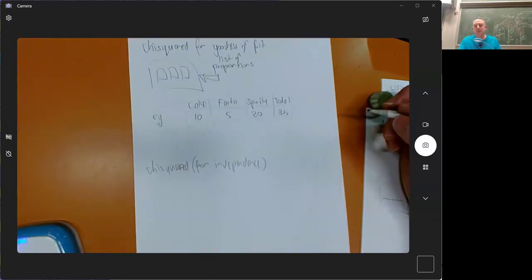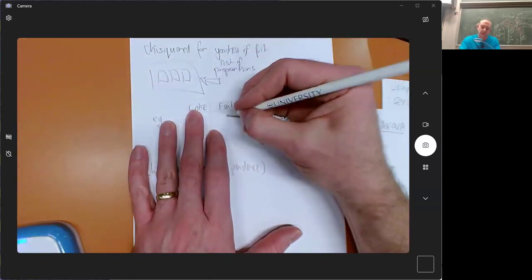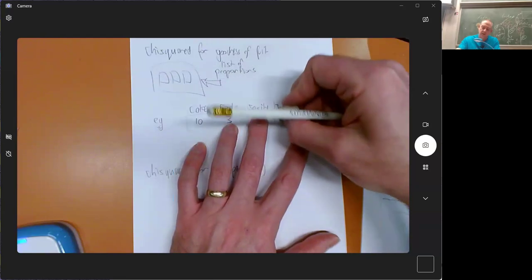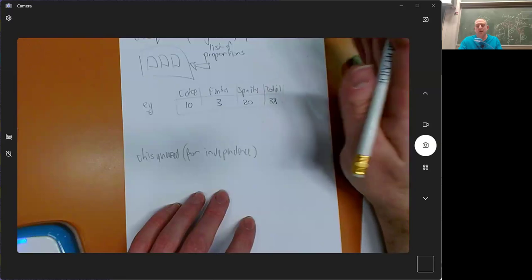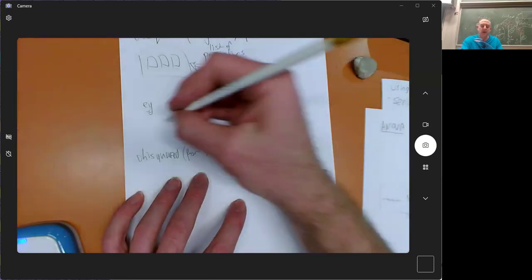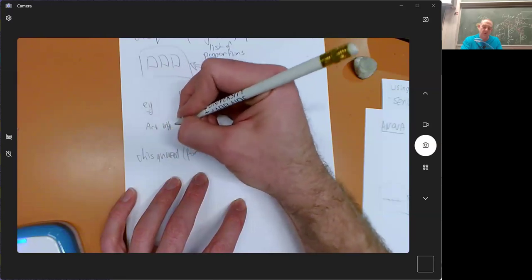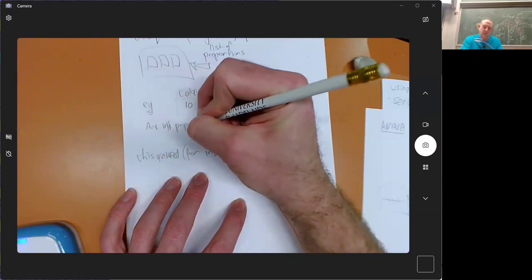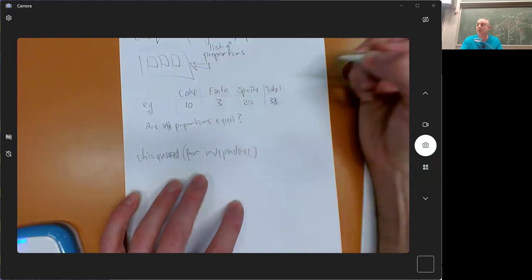And then you say, well, what if, can I make this a 3? Then you say, are all the proportions equal?